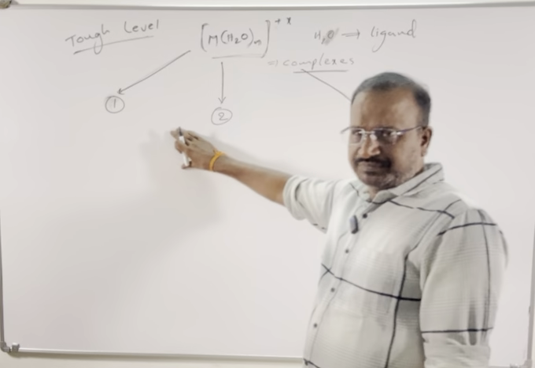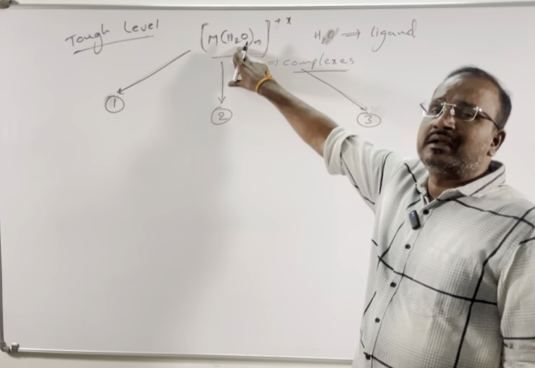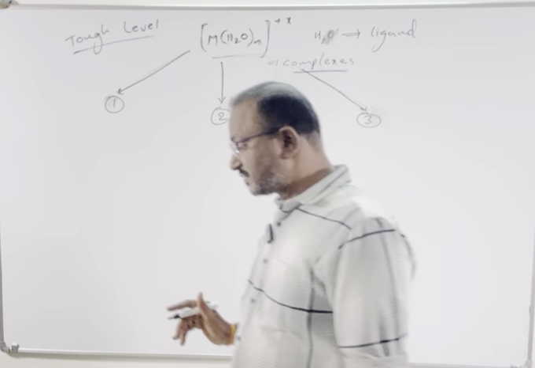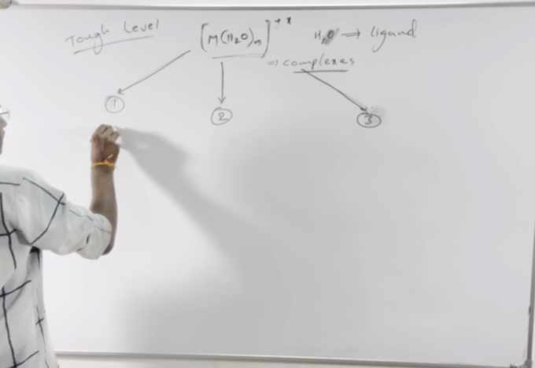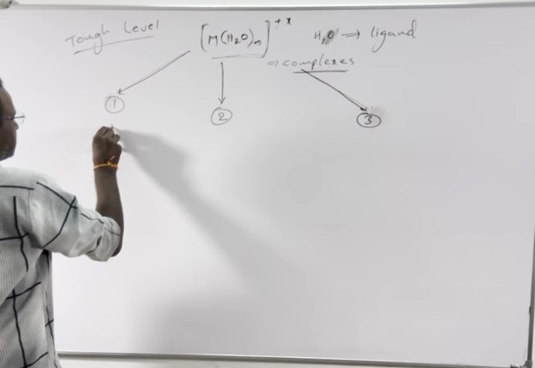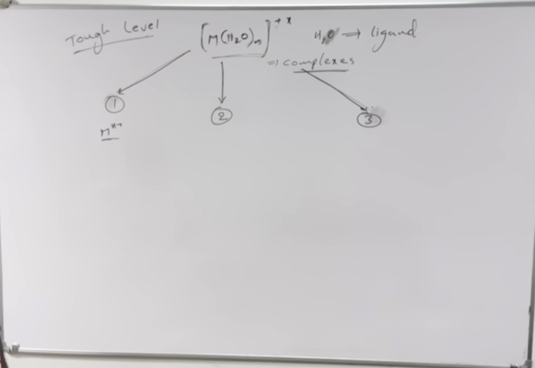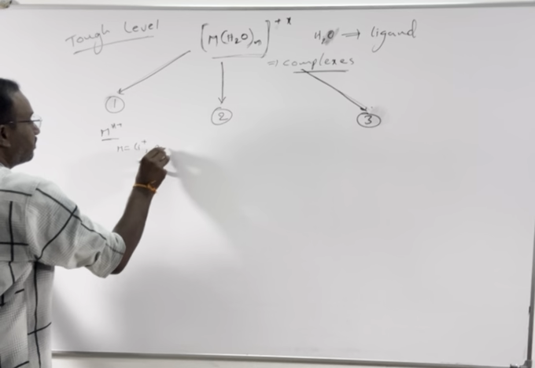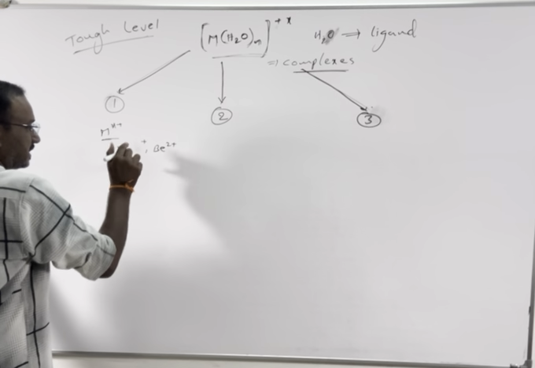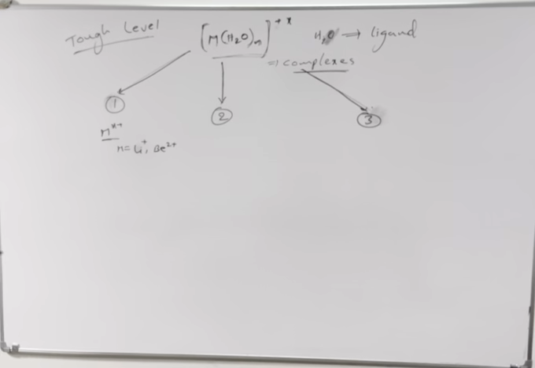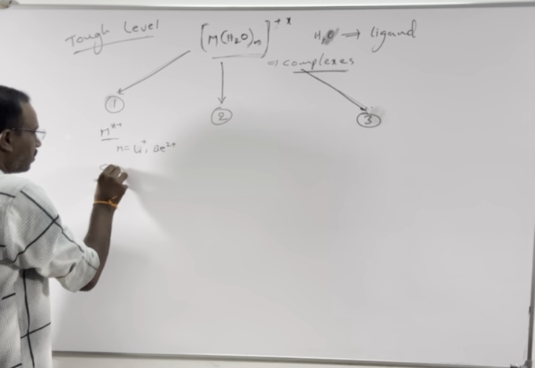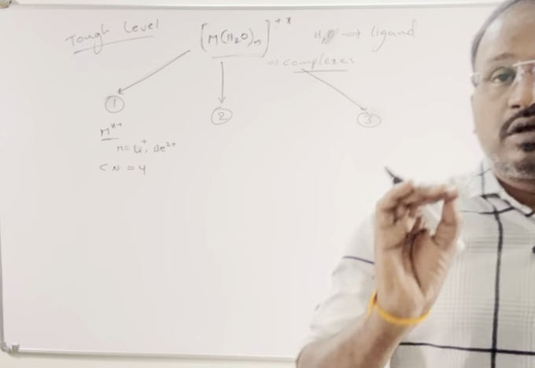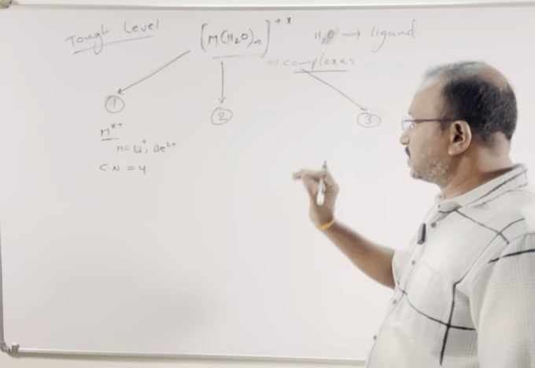Suppose we divide all these water-ligand complexes into three types. First one, M x plus, where M may be lithium plus or beryllium 2 plus, and the coordination number is 4. Coordination number 4 means 4 ligands, 4 water molecules are coordinating.